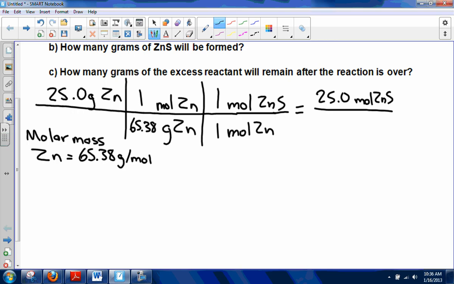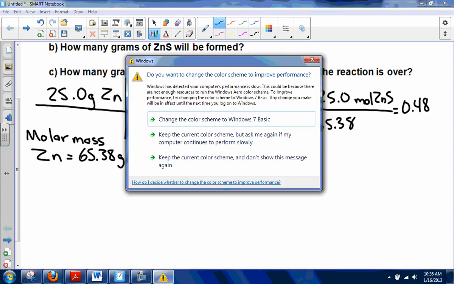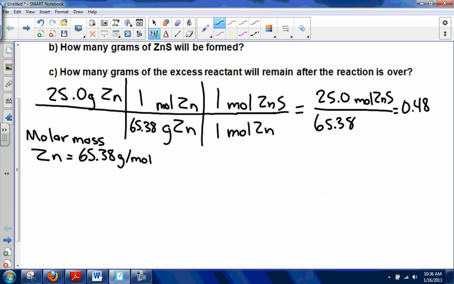I divide it by the bottom, which is 65.38, and I will get 0.382 moles of ZnS.